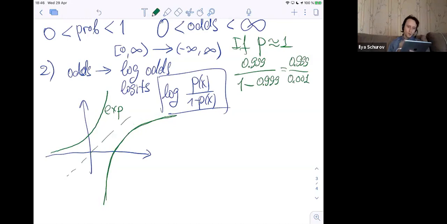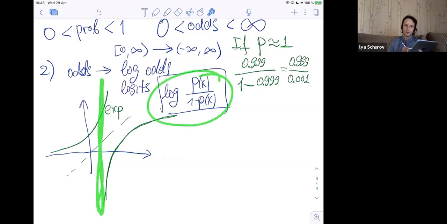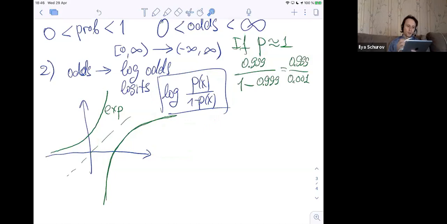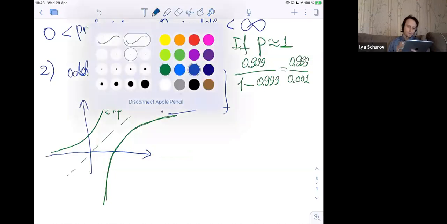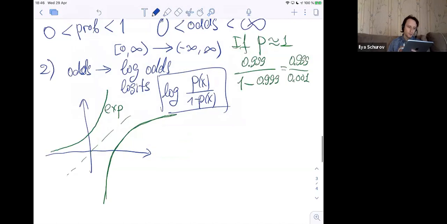And so we have this logarithm. So we see that when odds take values here, the logarithm of odds takes values over all the line. So we can write the following formula.